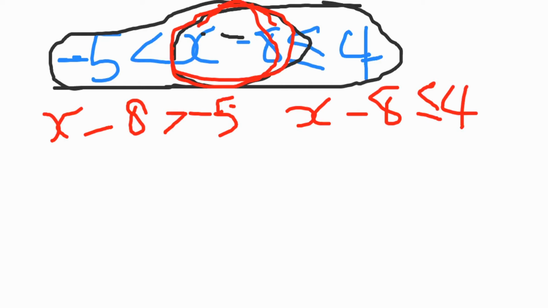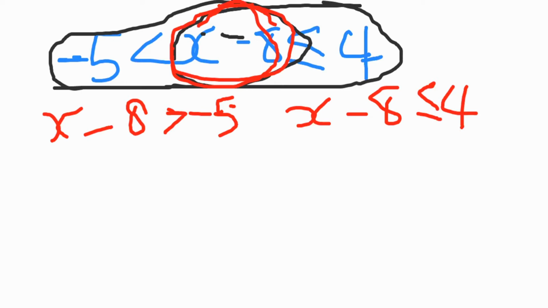Sir, why did you change the first sign? The sign isn't changed. Look at it carefully. The arrow in the first one is pointing to the -5. The arrow in the second part is pointing away from the 4.